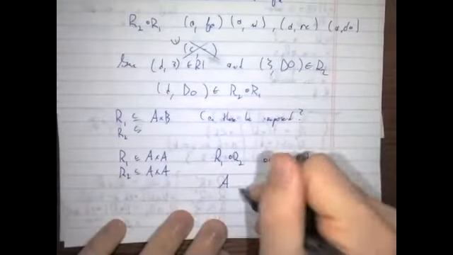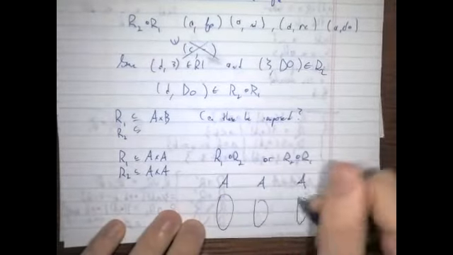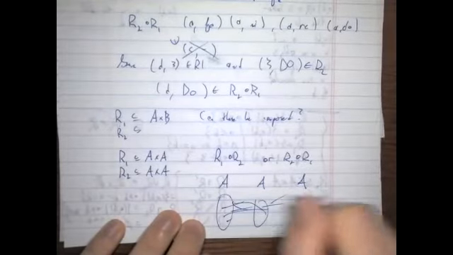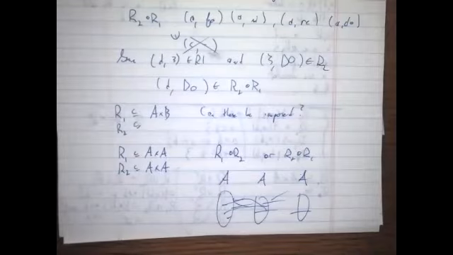Because any way you set it up, you're always going to have A and A when you want to draw your little picture, right? So that's why I wanted to be a little careful about when you can compose relations. Does that make sense?